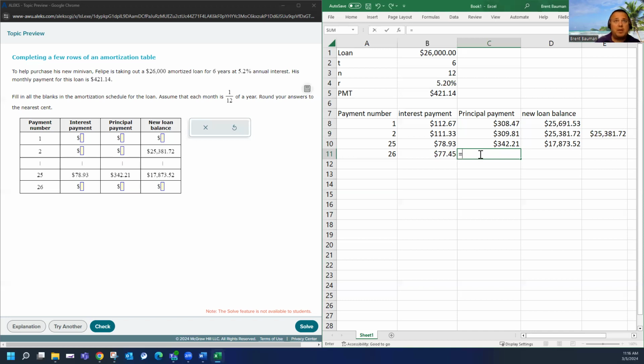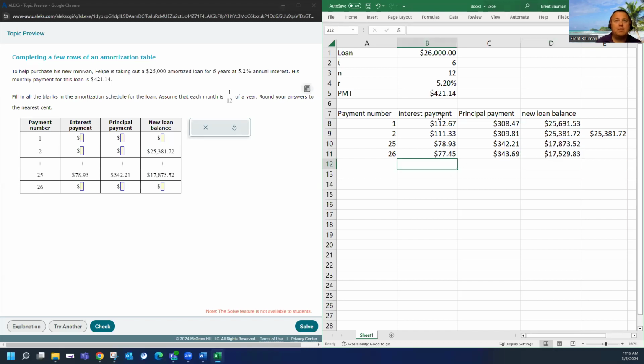The principal payment is the same. The total payment minus any interest the bank is keeping. And then your new balance is going to be the previous month's balance minus the principal payment that you made.